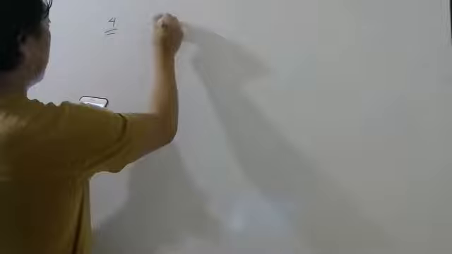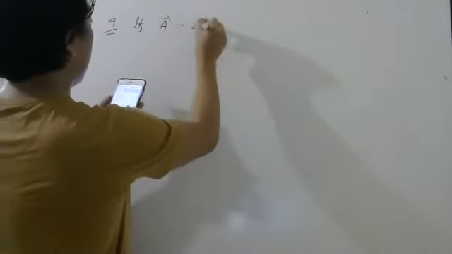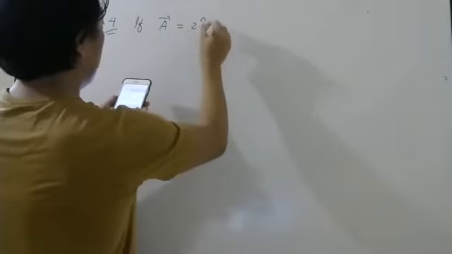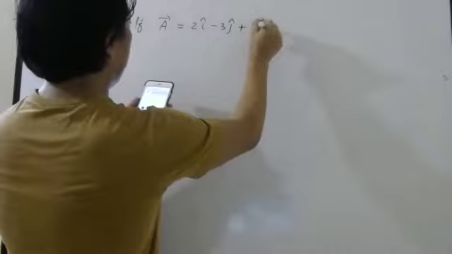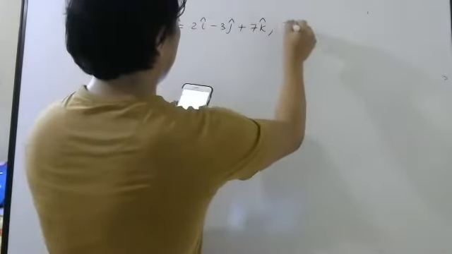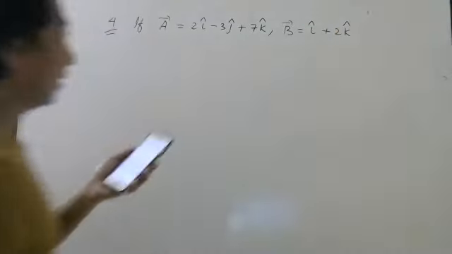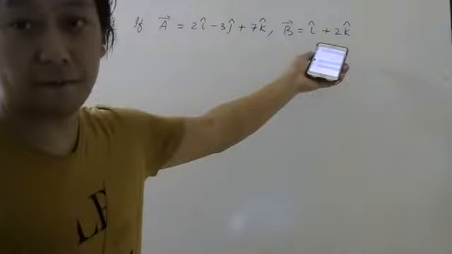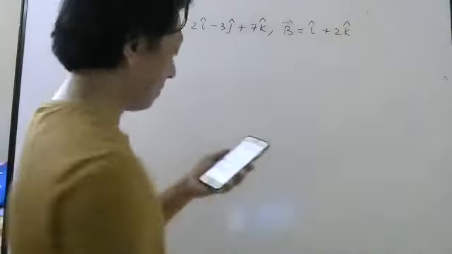A bar is equal to 2i cap minus 3j cap plus 7k cap, B bar equals i cap plus 2k cap. Sometimes it will be like this, students. So your y component will be 0, no y component.